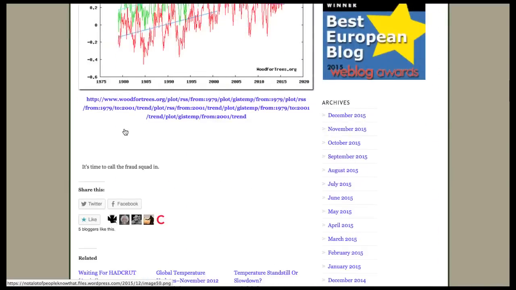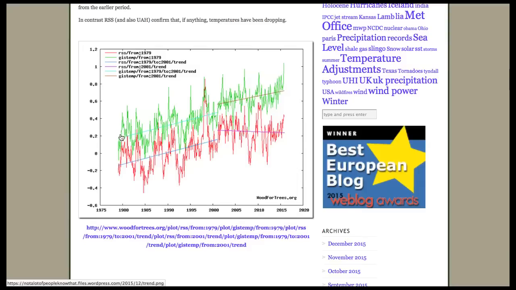And the most revealing part of this is probably this, showing the trend from 1979 to 2015, which shows that between 1979 and 2001, although the actual numbers of this anomaly were different between the satellite record in red and the surface air temperature estimate record in green, the GISS temp, the trend was roughly the same, which shows that there's at least something that seems to be converging here, and it looks like the data is in some way going together.